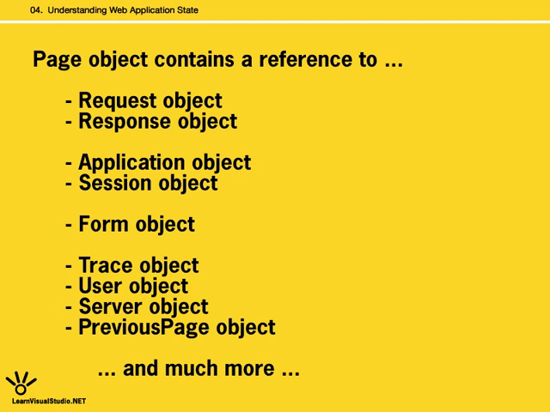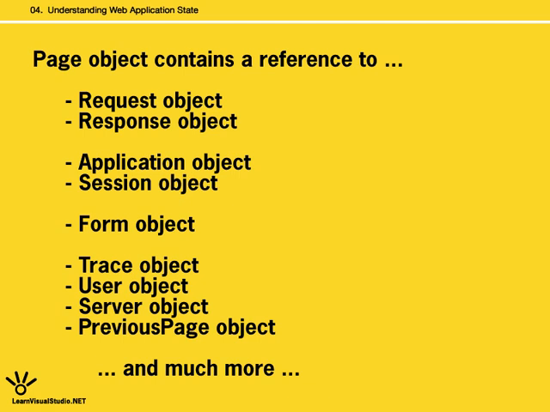And then we have an object called the user, and this allows us to provide some security to our application. So each user can have roles that they're associated with, and based on those roles they can have access or be denied access to certain resources on our website.